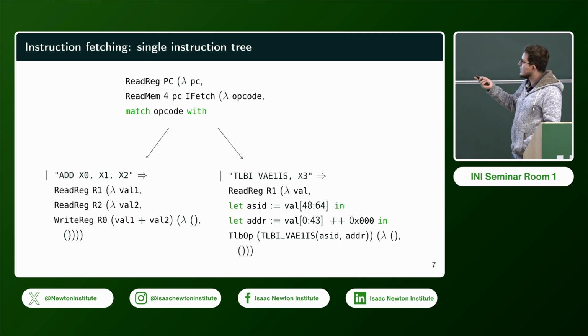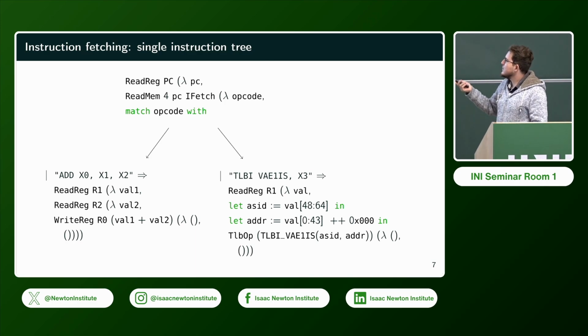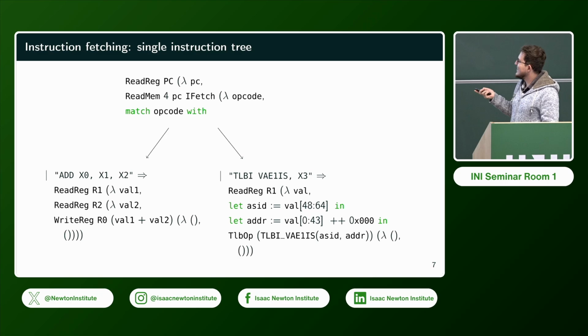And on the other hand, if it's, for example, a TLBI, which is a system instruction, it's still relatively simple. You still read the register. Oh, I should have read R3, not R1, sorry. And then you can, in a shallow embedding manner, decompose that value into the different fields because the architecture defines multiple fields for that value, and then call a TLB effect, and inside that effect you can have a complicated data structure describing the system operation.